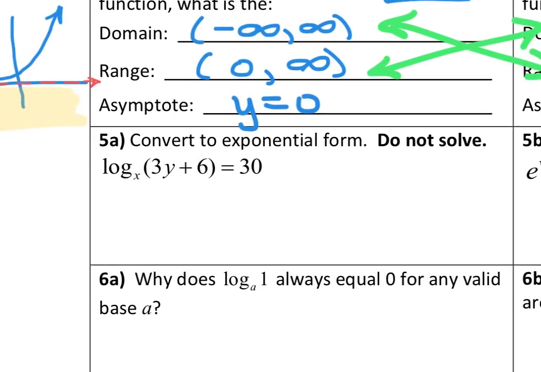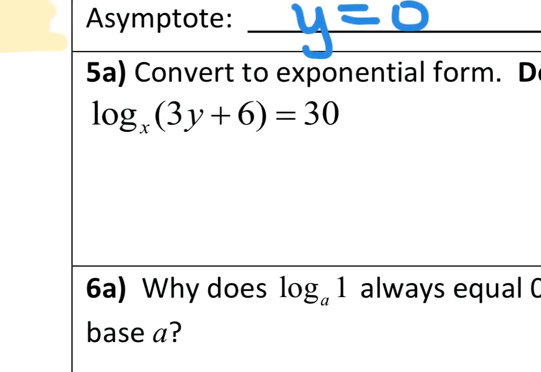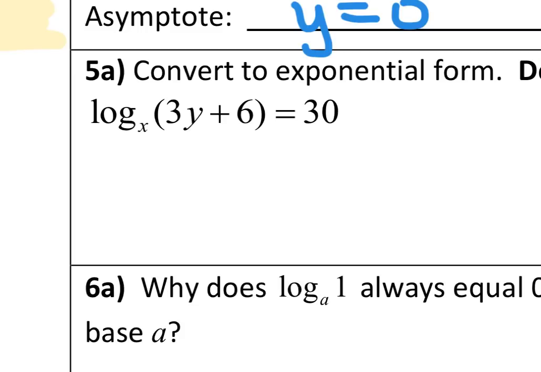You will be asked to convert between exponential and logarithmic form. So given a logarithmic equation, you're going to need to rewrite it as an exponential equation. And remember that whatever is the base of the logarithm is the base of the exponent. So it's going to be x to some power equals something.